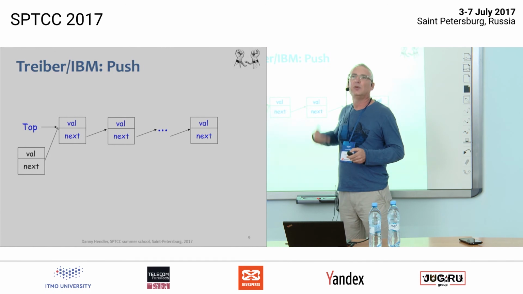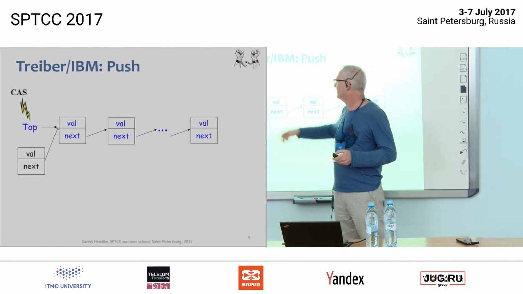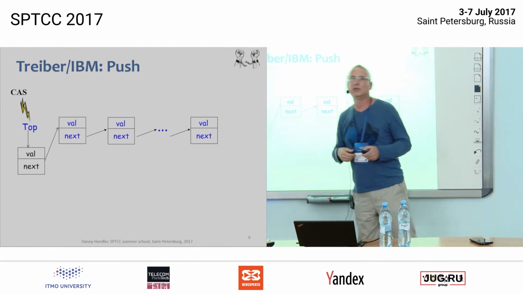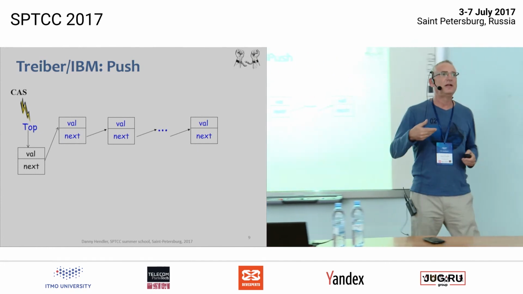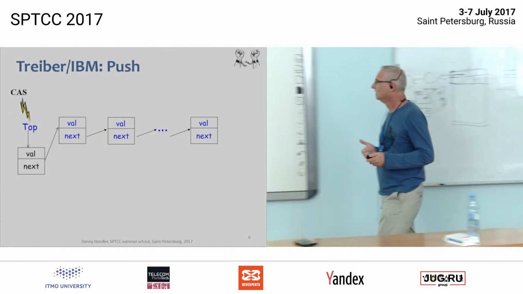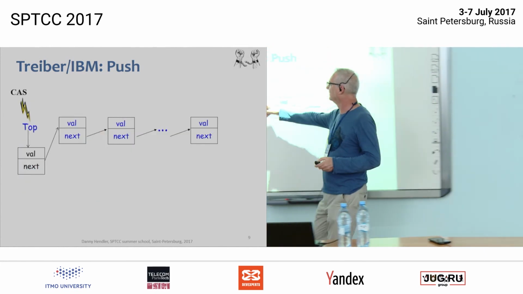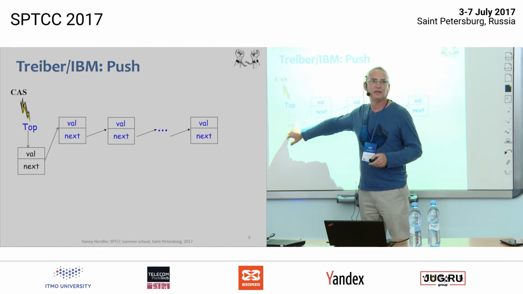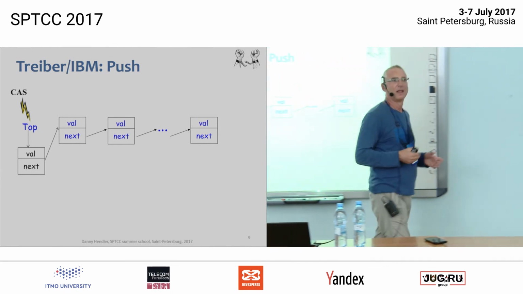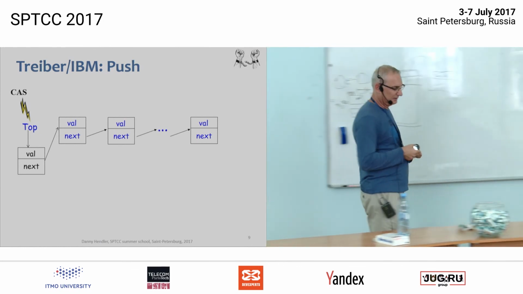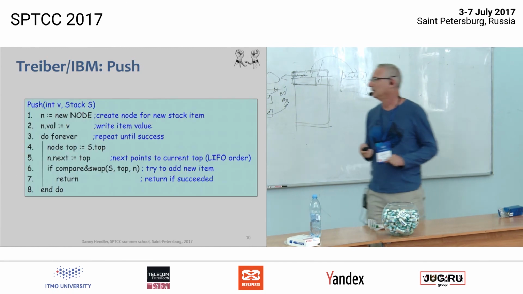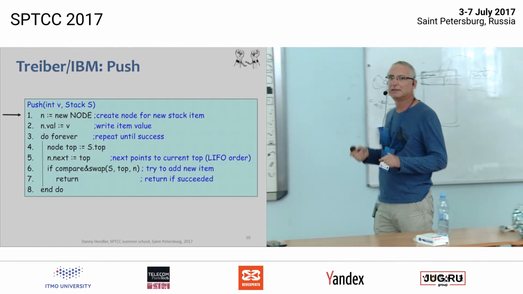And now in order to complete the operation, we perform a CAS on the top shared variable, and if its value did not change since the time we read it, then it will now point to the new element that we added, which will be the new top of the stack. So that's the very simple idea underlying the logic of the push operation. So let's see the pseudocode.